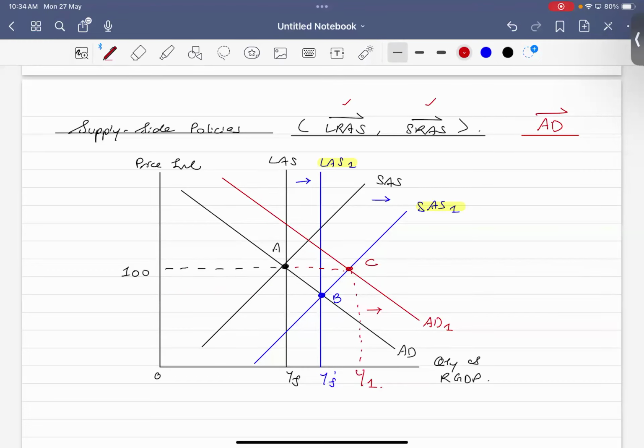So this is what I illustrate. In my final equilibrium here, the price level remains the same as the initial one, but we have more output now. Overall, what you can see here are three shifts of the graph: LAS, SAS, and aggregate demand curve.